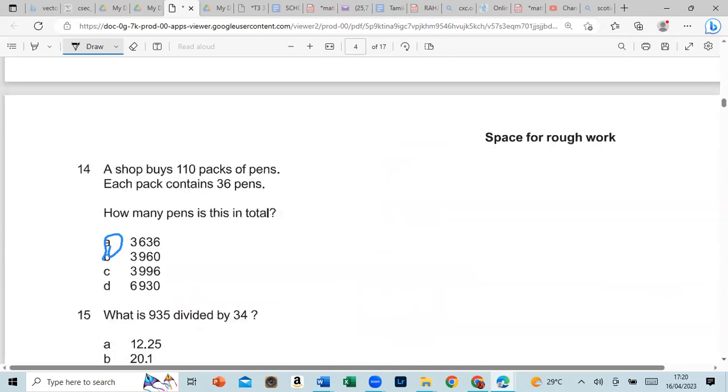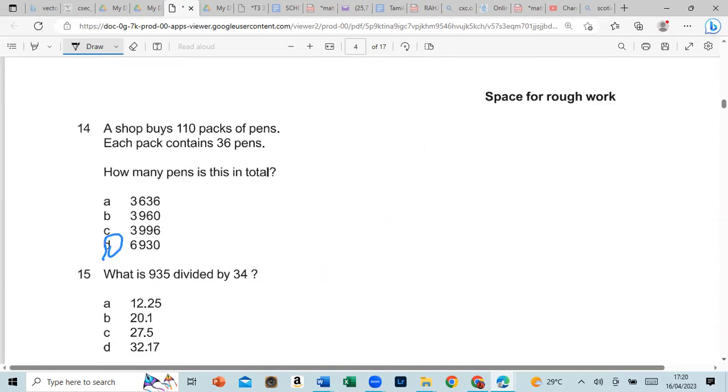14. A shop buys 110 packs of pens. Each pack contains 36 pens. How many pens are there in total?